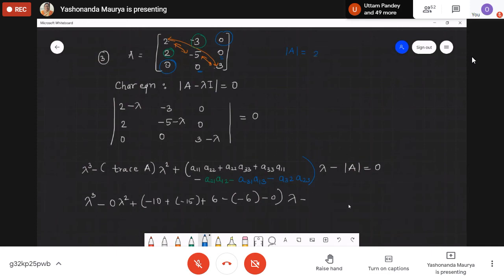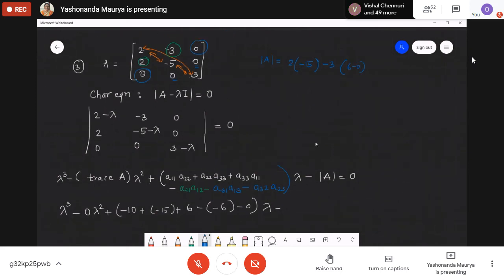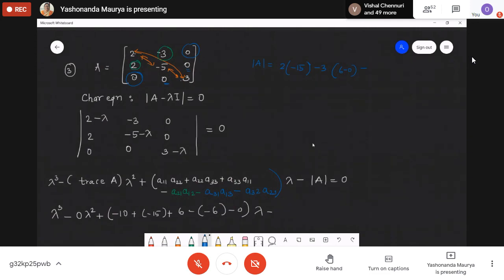Two into minus 15, minus 0, minus 3 into this, that is 6 minus 0, and then my 0. After that it is 0 only. Plus 0, so we'll simplify this, minus 30 minus 18.